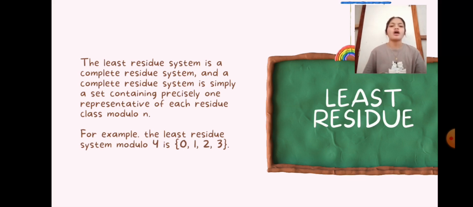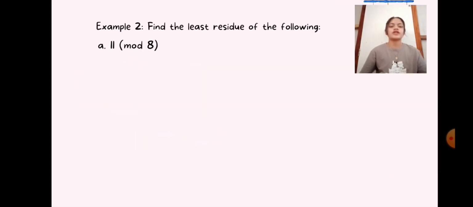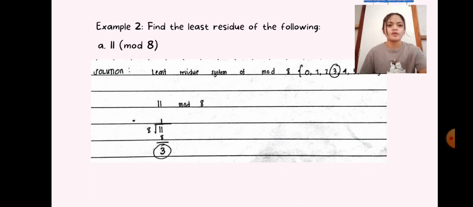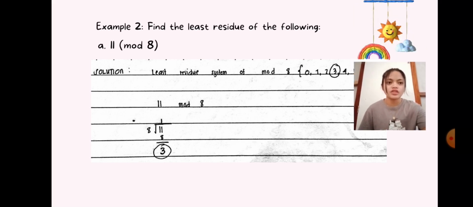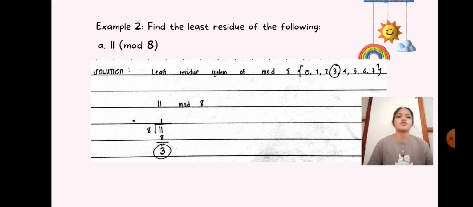That is how we are going to identify the least residue system. We have here an example. Find the least residue of the following. 11 mod 8. What is the least residue mod 8? The least residue system mod 8 is 0, 1, 2, 3, 4, 5, 6, 7.